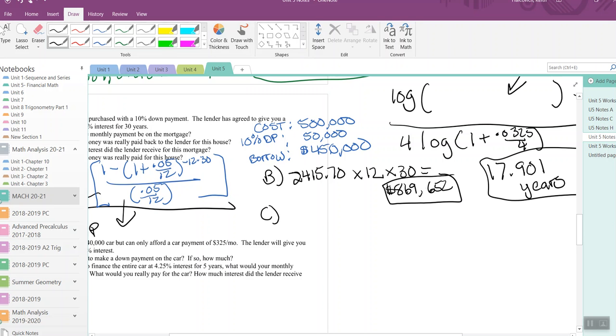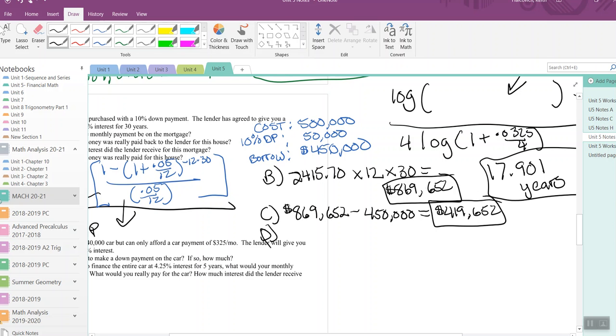Part C says how much interest did the lender receive for this? Well, if you paid them $869,652, but you only borrowed $450,000, the difference is the interest, which is $419,652.